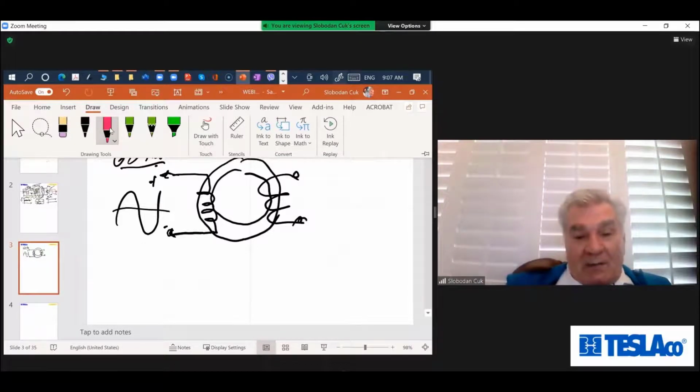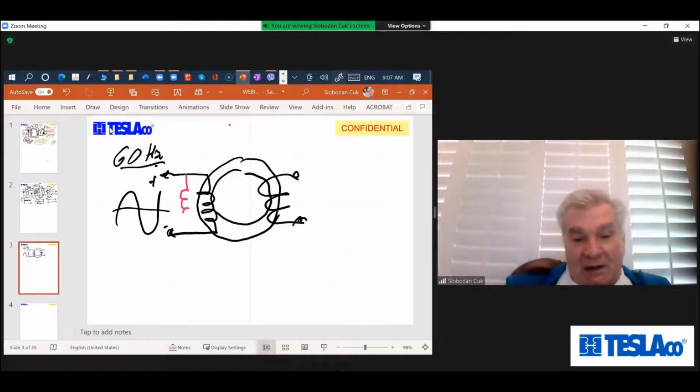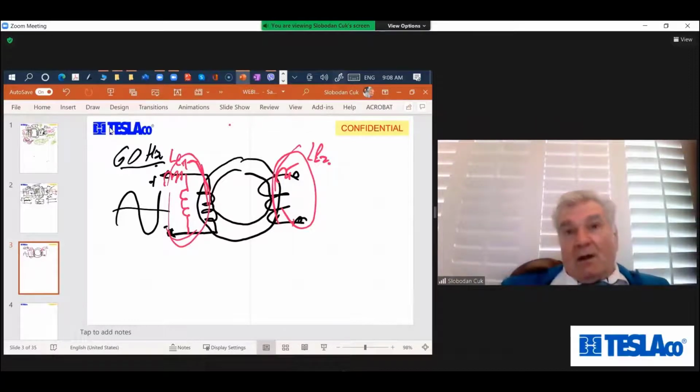Not only does it have a magnetizing inductance, but it has a flux, self-enclosed and enclosed flux here. So the actual real model has a magnetizing inductance, leakage inductance on the primary, and leakage inductance on the secondary.